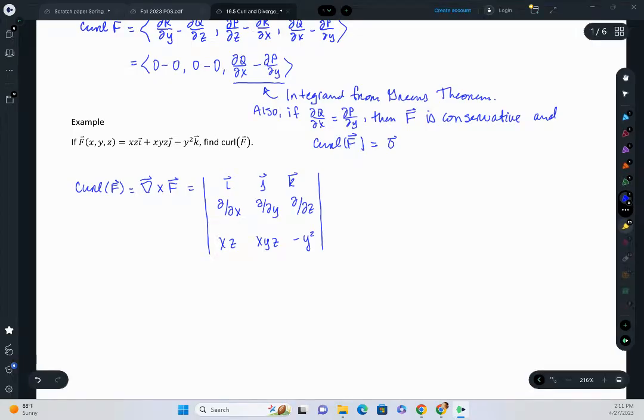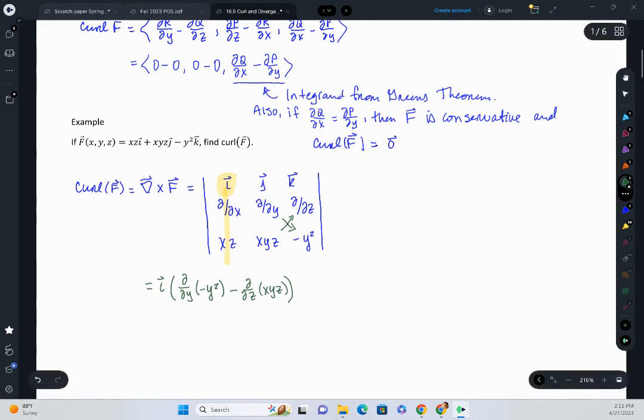So remember, with a cross product, we start in the upper left-hand corner, and we imagine that row and column are crossed out so we can focus on the 2 by 2 determinant that remains. So this is going to equal i hat times a 2 by 2 determinant calculation. So this component is going to be del y of minus y squared minus del z of xyz. Okay, that's my i component.